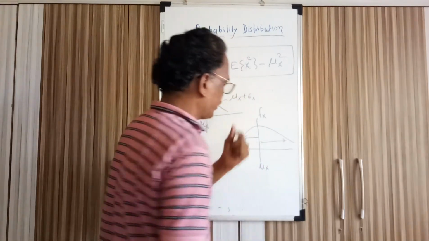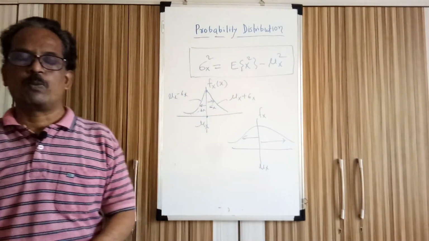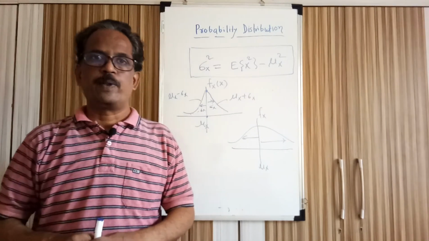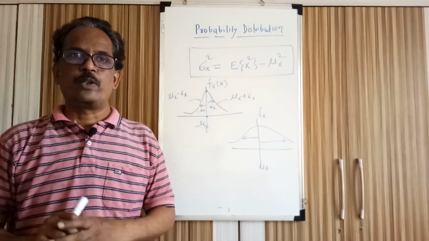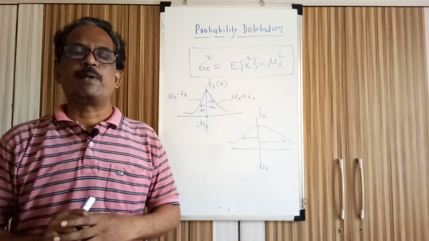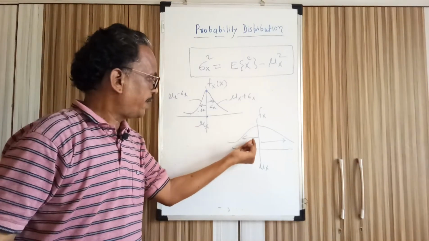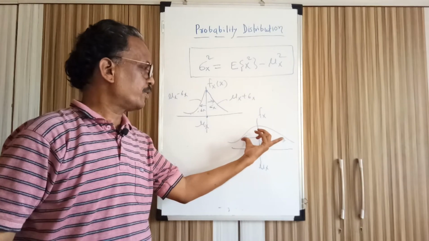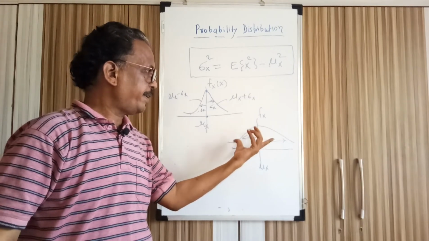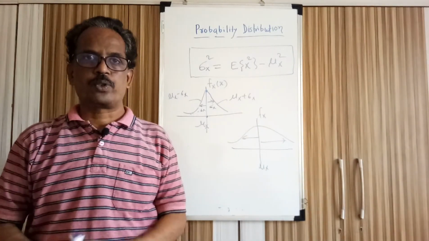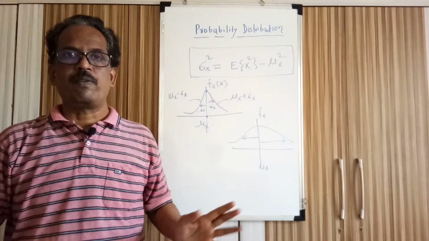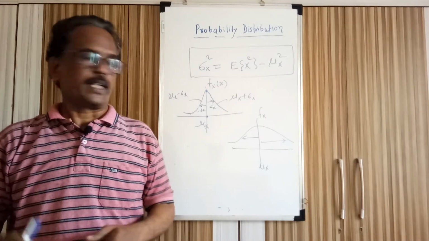Here the deviation is more, so the random variable is taking values which are away from the mean also. Near to the mean also there are some values, and since it is spread, it is taking almost all values.